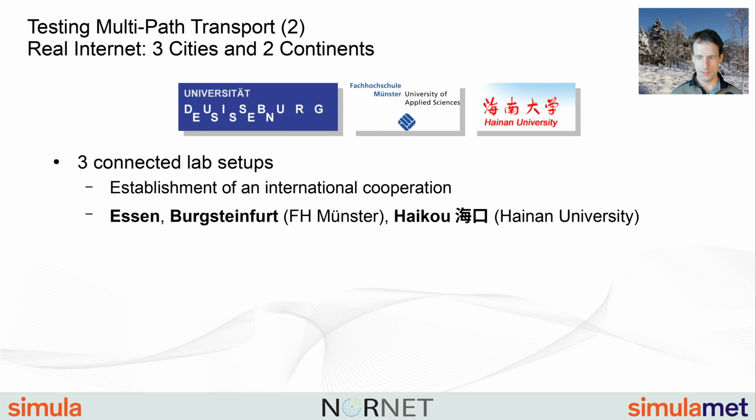So we had a multi-homed setup with two ISPs at each of these three sites, two in Germany and one in China. So we were able to do intercontinental communication with multipath transport, with CMT SCTP as well as MPTCP.